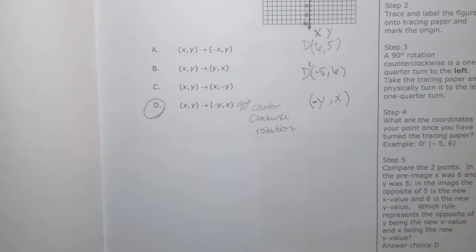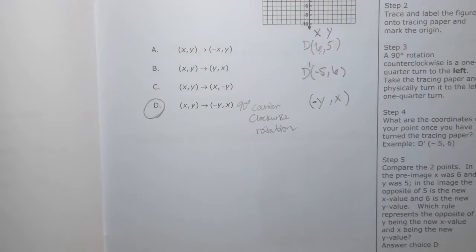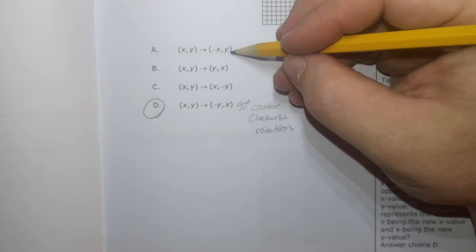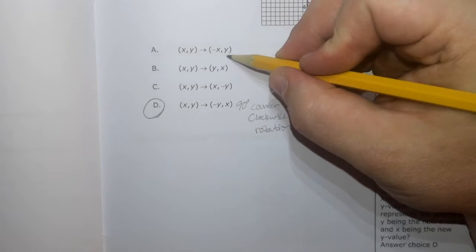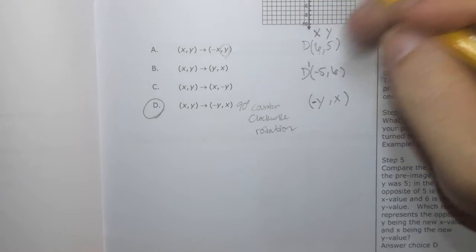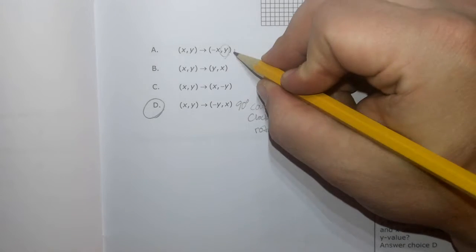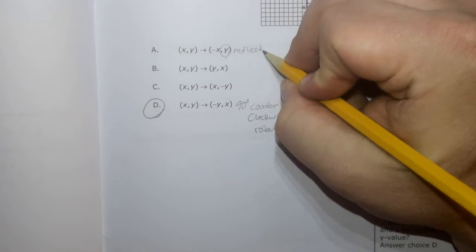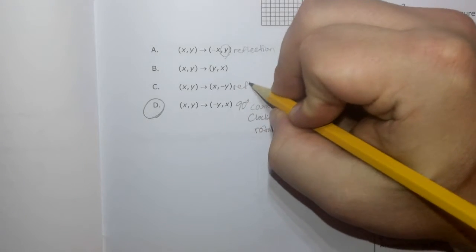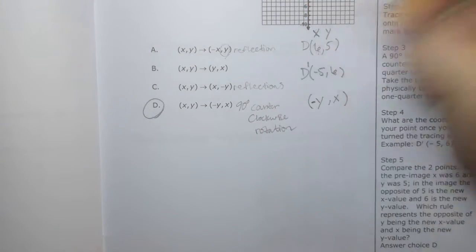The other thing you could do too is you can look at your answer choices. And this one, actually, you could have eliminated some answer choices. Here, this is a reflection across the y-axis because y stays the same. This right here is a reflection across the x-axis because x stays the same. So A and C you could have eliminated immediately because these are the motion rules for reflections.